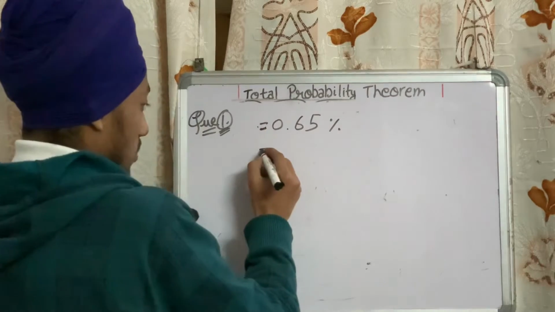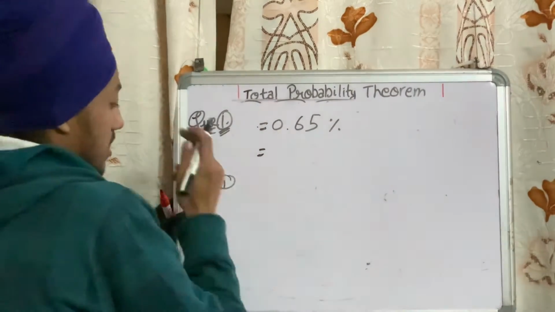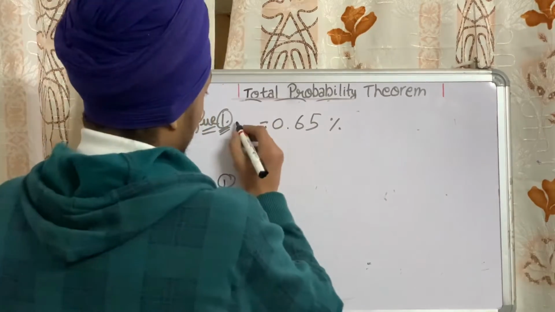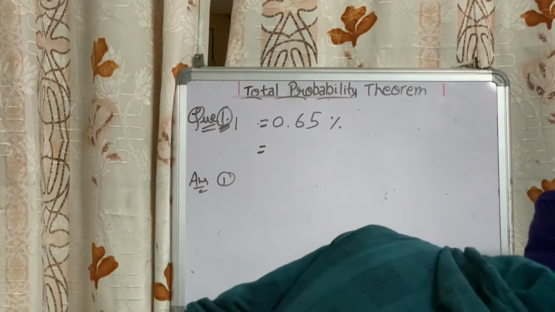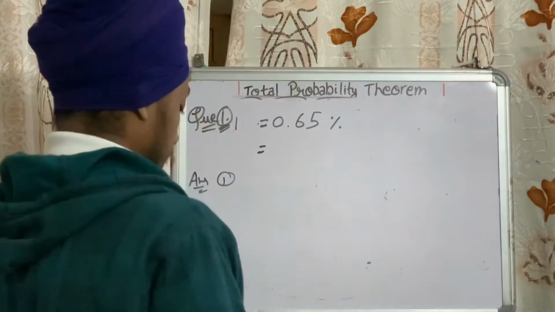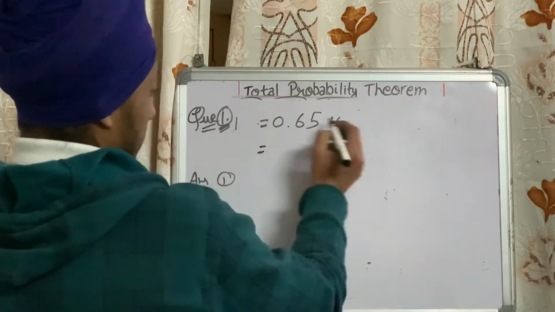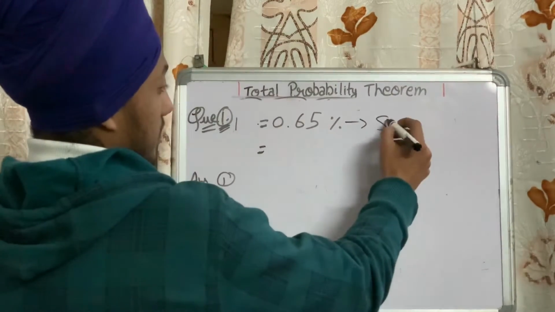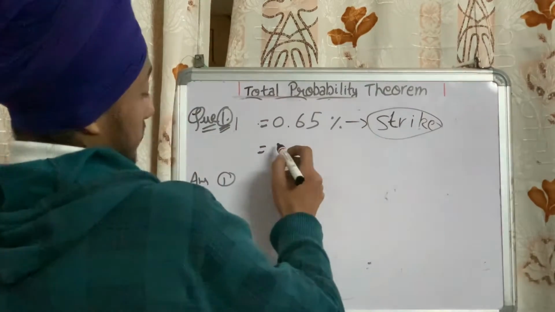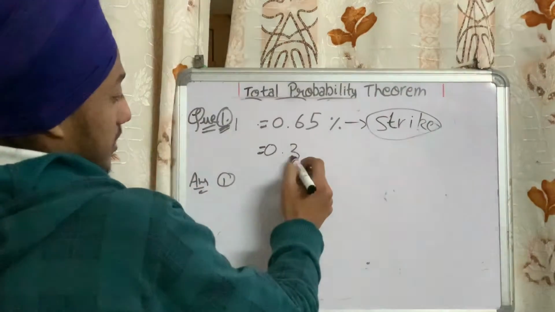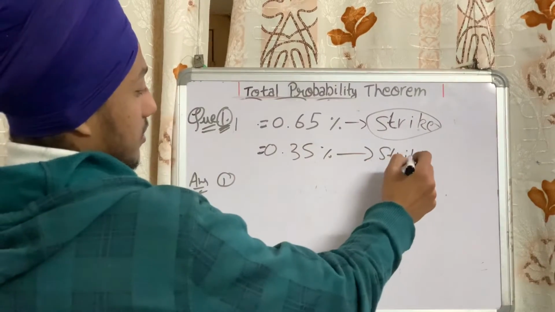So there is some point to be considered here. Maybe it represents that the strike is to be done, and we know that this represents that the strike cannot happen.